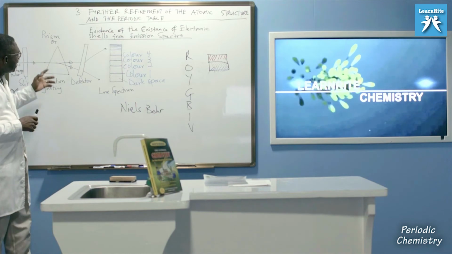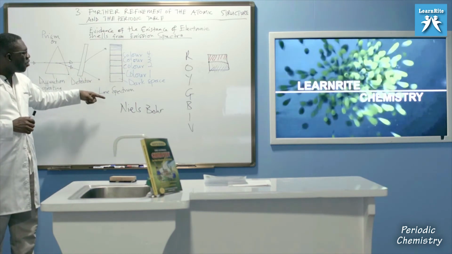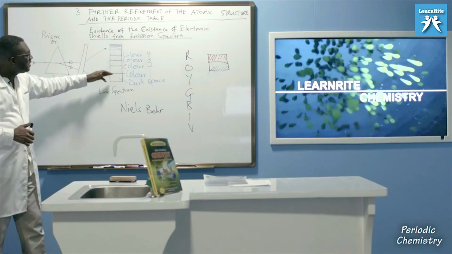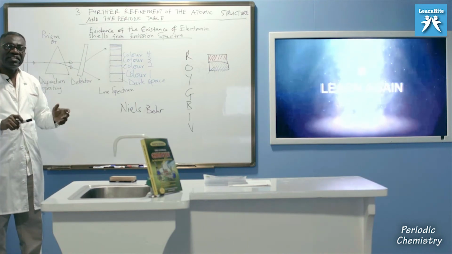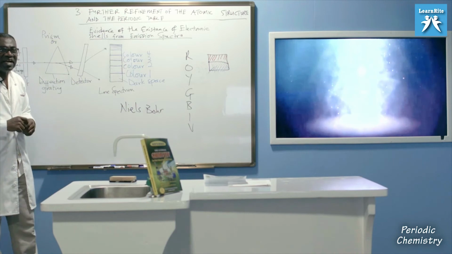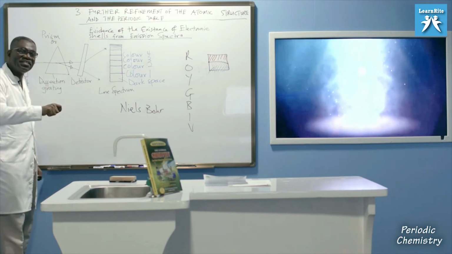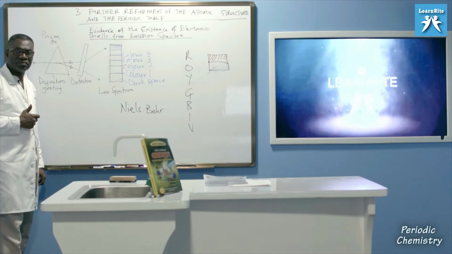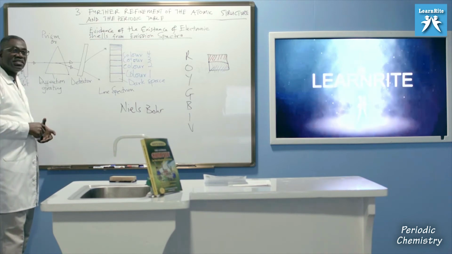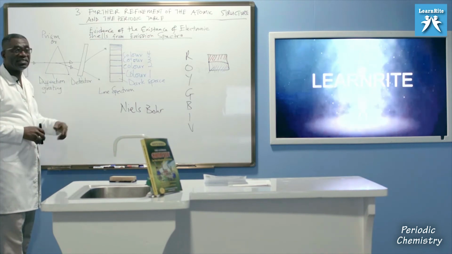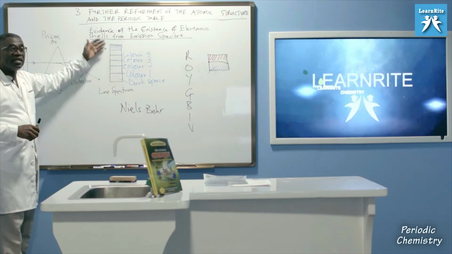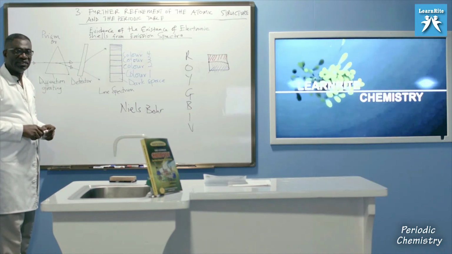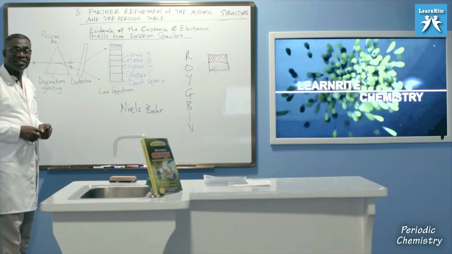And in the experiment, Bohr observed that the lines here do not appear at the same time. The lines were appearing as and when the heat was increased. If you increase the heat, maybe one or two lines appear. And as you increase the heat more, then another line appears. What did he conclude from that?